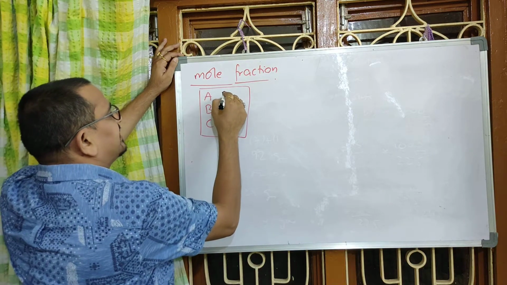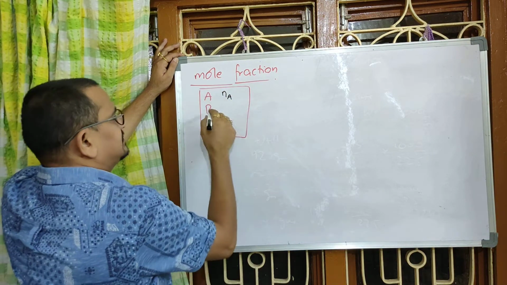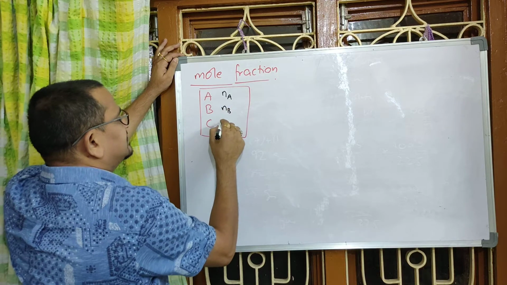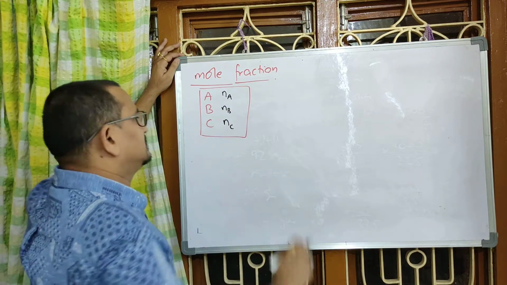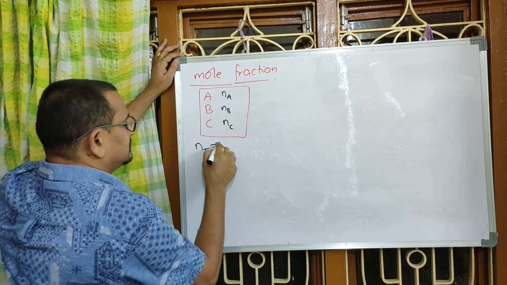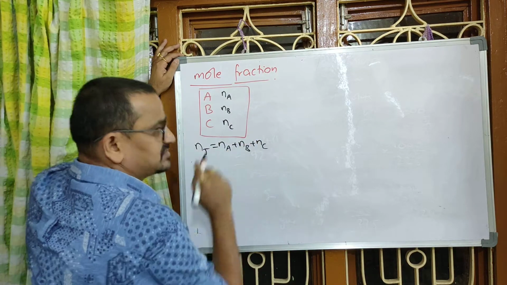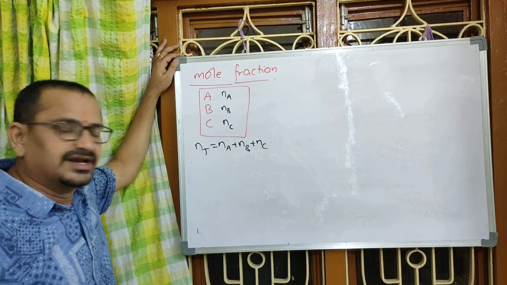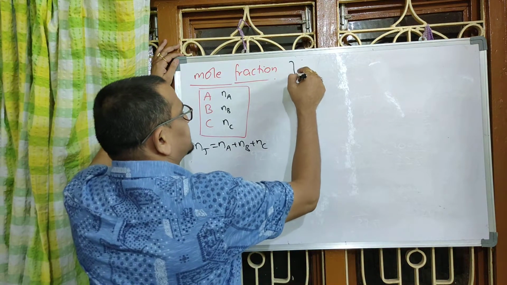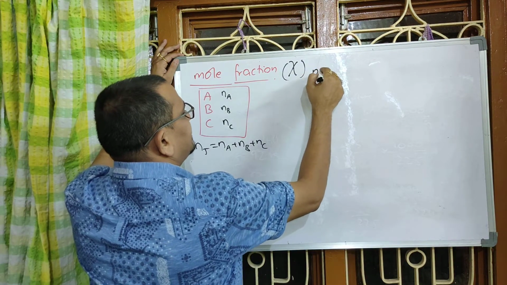Let A be taken in Na moles, B in Nb moles, C in Nc moles. What are the total moles of the mixture? Number of moles of A plus number of moles of B plus number of moles of C, right? Now the question is, the mole fraction symbol is this one, it is called psi.